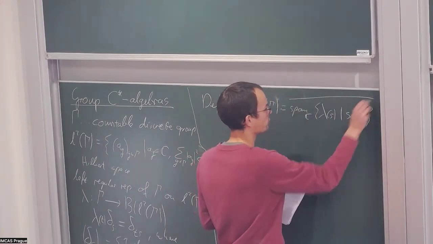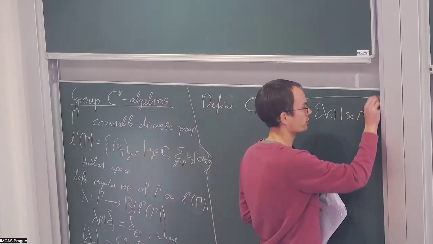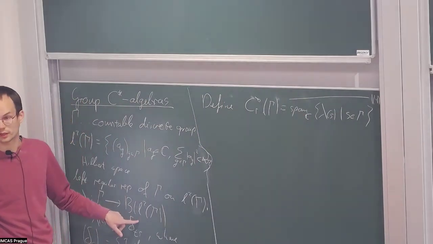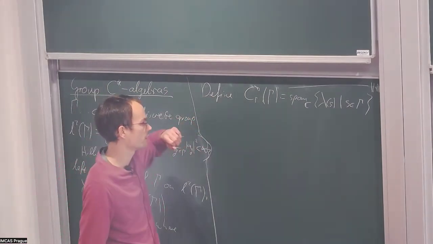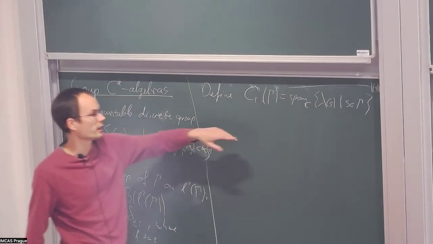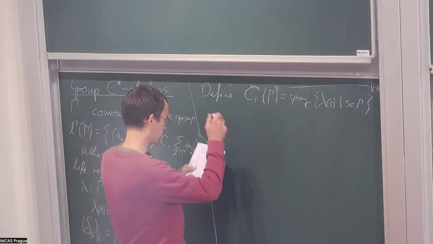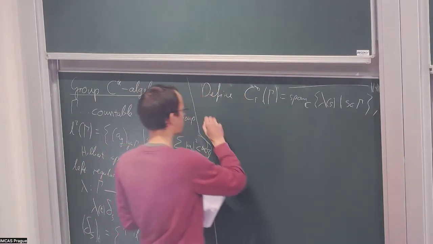And okay, we want it to be closed, so we take the closure in the norm on B of L2 of gamma, right? Okay, so I take just the image of that representation basically, and you close it, and you can see that this is a C-star algebra. That's not so difficult to show. So this is the reduced group C-star algebra.